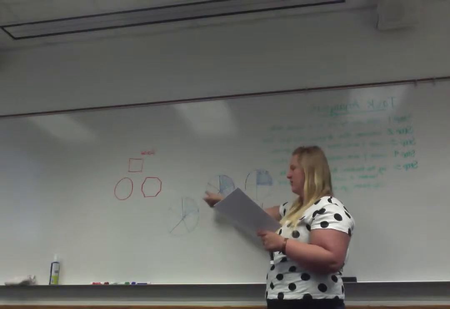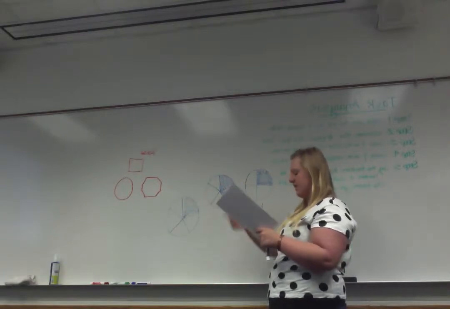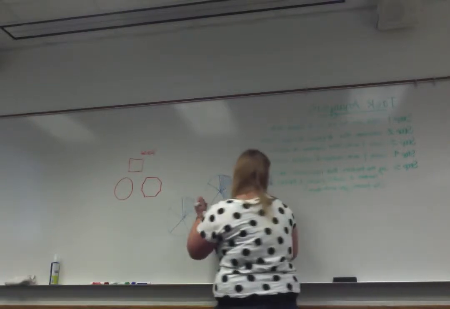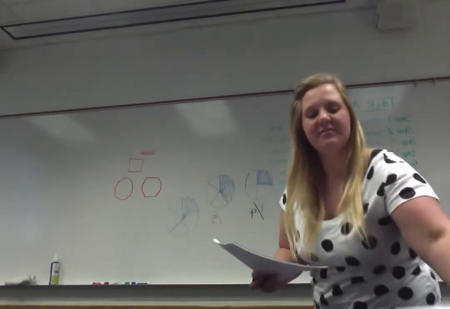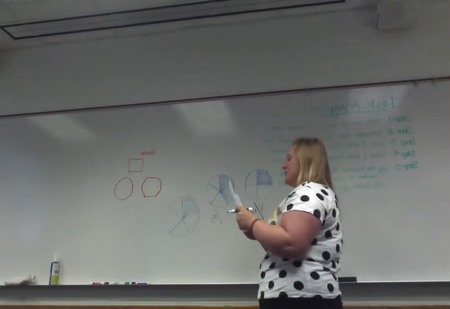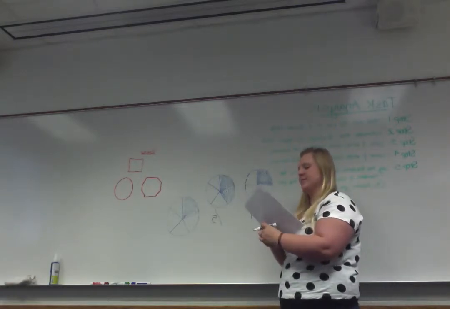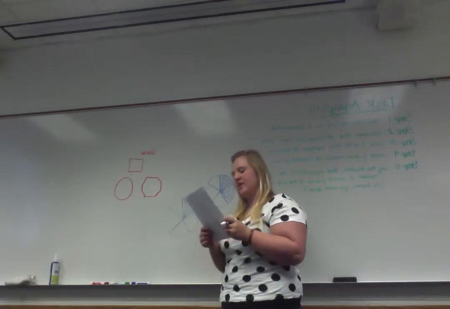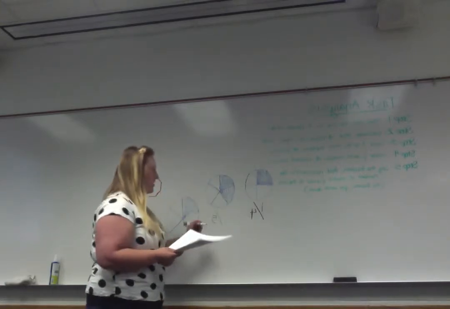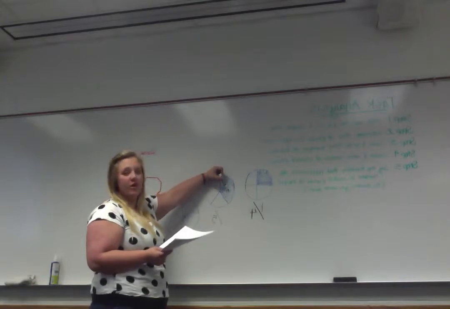1, 2, 3, 4, 5. Great counting. What is our fourth step? Count and write the number of shaded pieces. Perfect. Okay, so let's count the shaded pieces together. 1, 2.